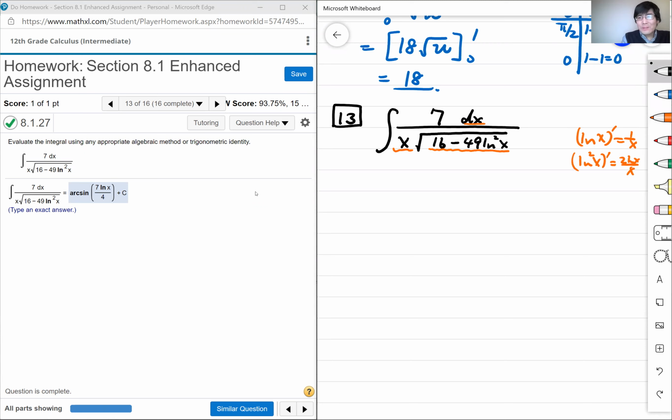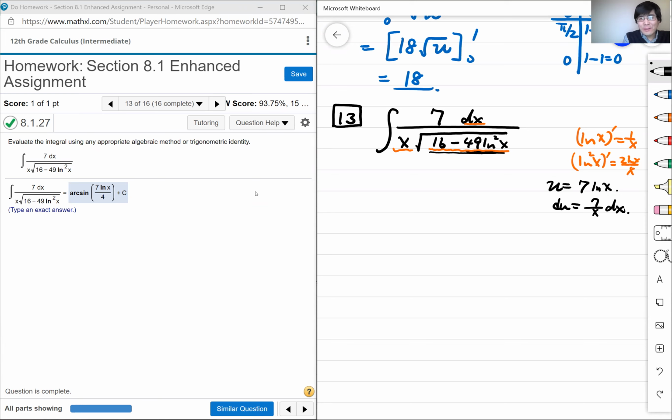So instead of making a substitution for everything inside the square root, let's pay attention to this part as a square of something. So let's say u is equal to 7 ln x. Okay, and let's see what's going to happen. Then du will be 7 over x dx, which is everything outside of the radicals.